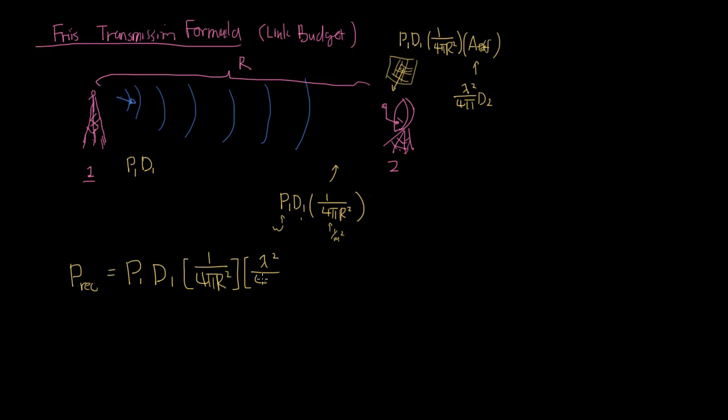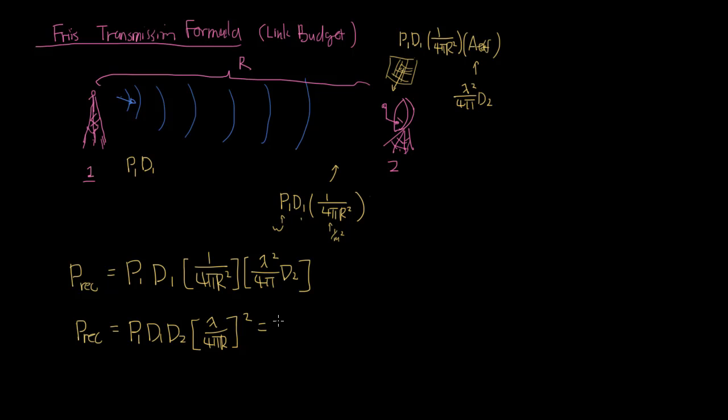Lambda squared over 4 pi D2. And we can also do some rearranging. You have this lambda squared, you have two 4 pi's, you have an r squared. That all looks nice. So now you can simplify and say that your received power is going to be equal to P1 D1 D2 times lambda over 4 pi r, quantity squared.